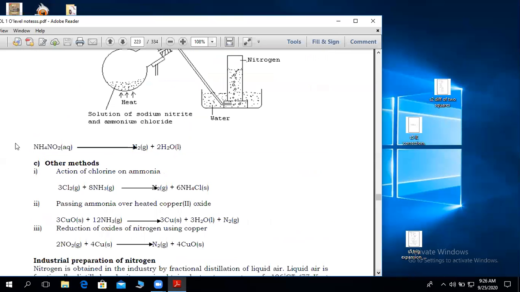And the equation is here. Ammonium nitrate, when you heat it, gives us nitrogen plus water. Other methods are here, but we shall look at them when we start looking at individual gases. When we look at ammonia, we shall look at this equation because ammonia is a reducing agent. We shall also look at this under reactions of ammonia.